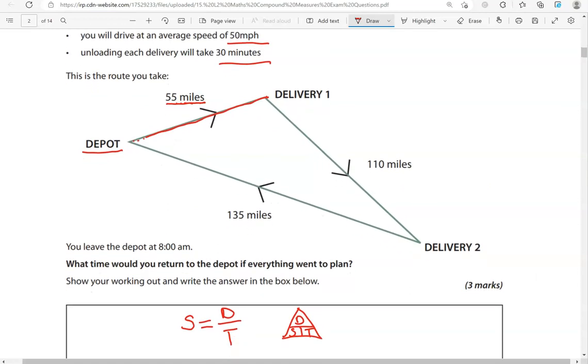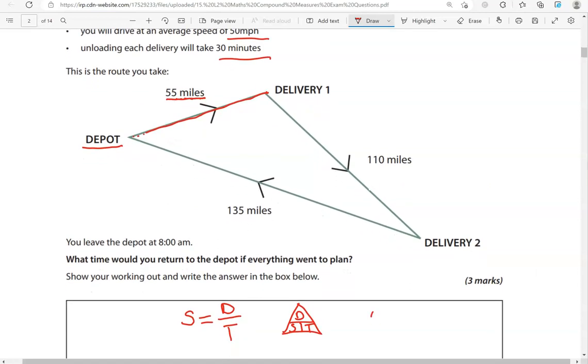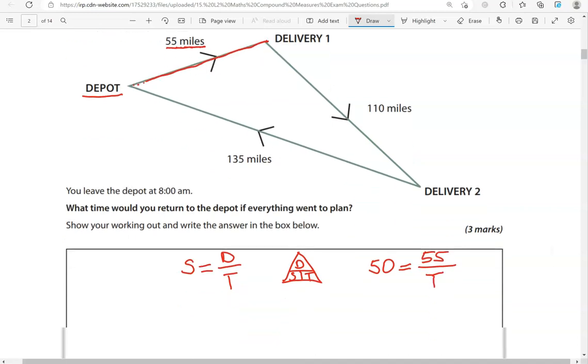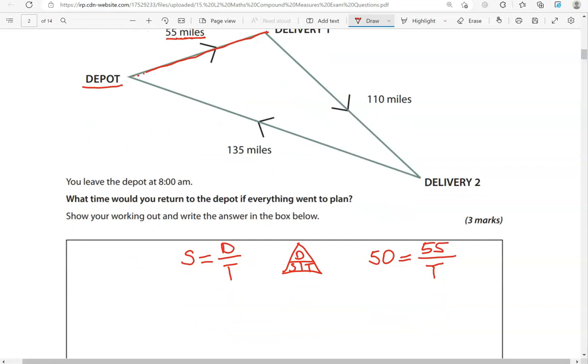We know the speed, which is 50 miles per hour, and that's equal to distance, which is 55 miles, but we don't know the time. So time will be equal to 55 divided by 50.